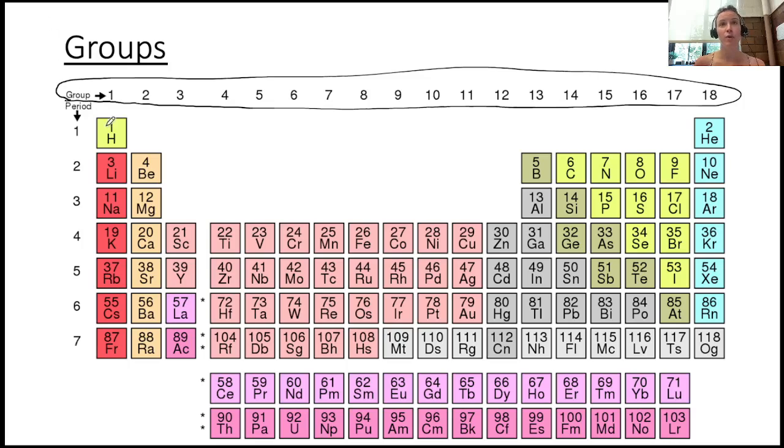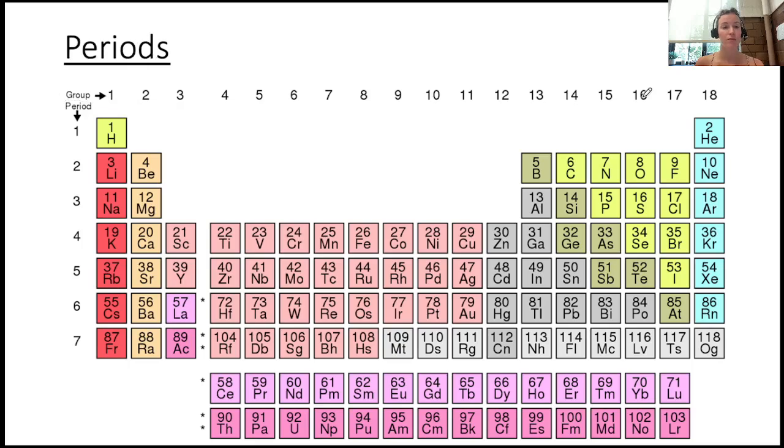So for example, we would say that hydrogen is in group 1, and oxygen, for example, is in group 16. We also have periods. This is moving from top to bottom in the periodic table. So again, hydrogen is in period 1, where, for example, potassium here is in period 4.